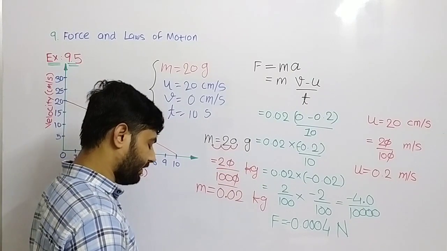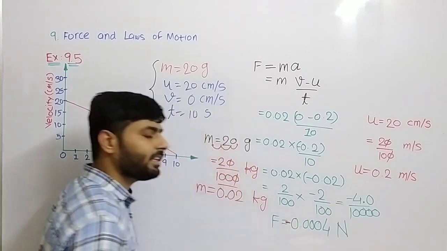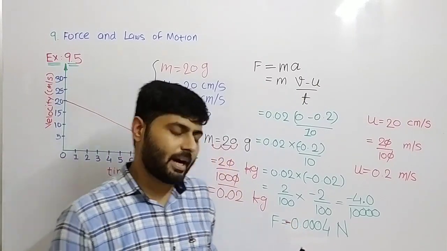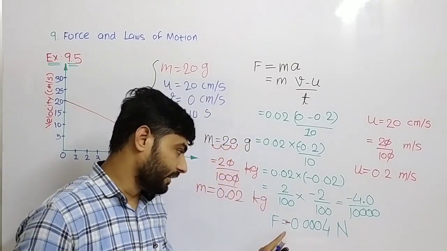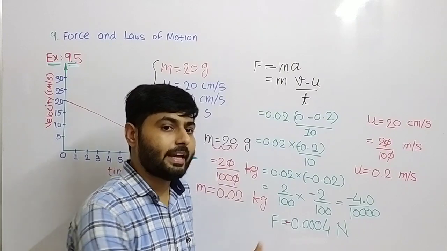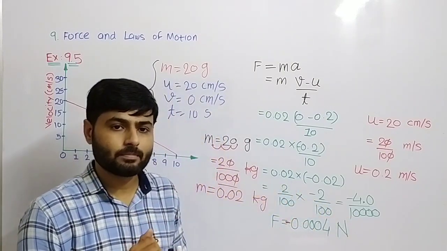Don't forget to put this minus sign. What is significance of minus sign? Now we have seen from past example, this negative sign means friction force is opposing motion of this ball.